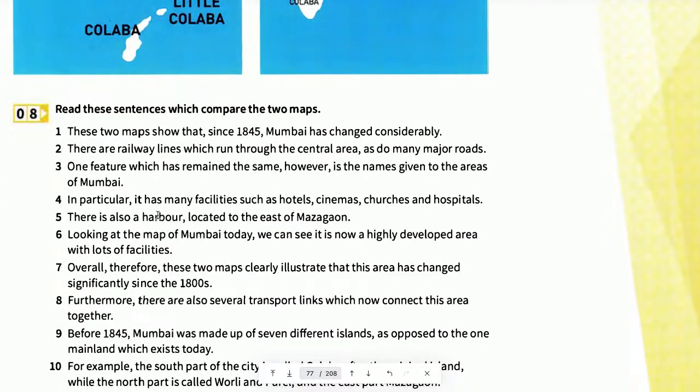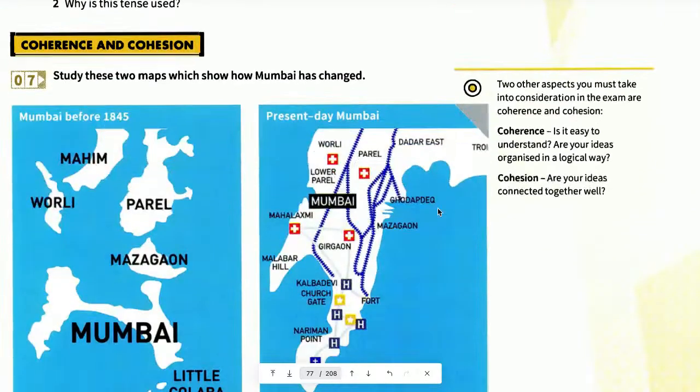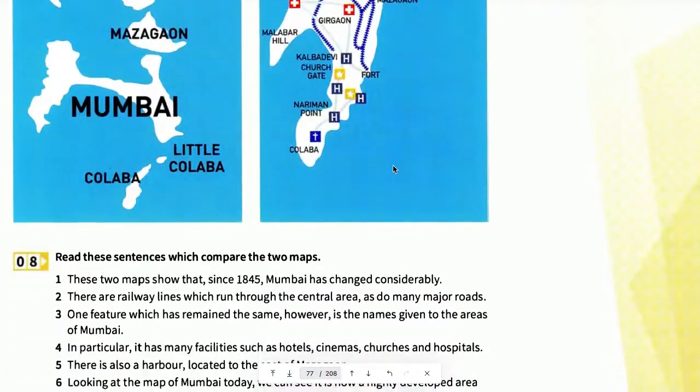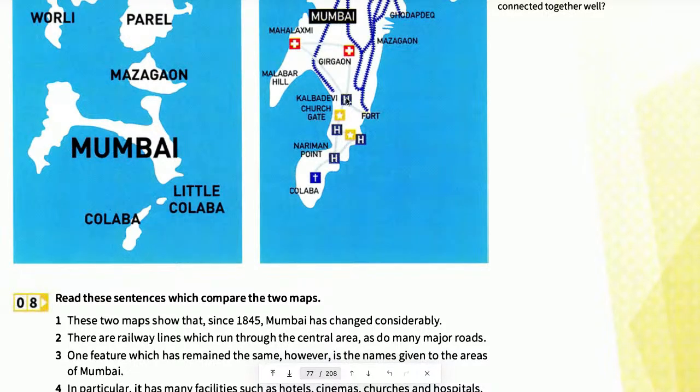Okay, now number 4. In particular, it has many facilities such as hotels, cinemas, churches, and hospitals. So, hotels, that is the letter H, right?